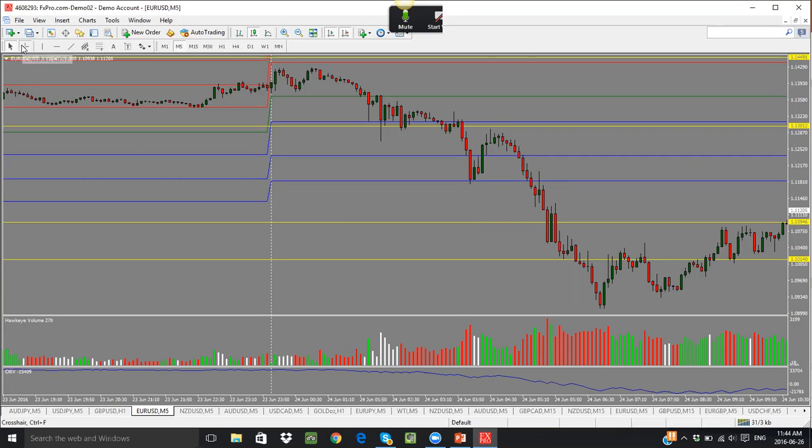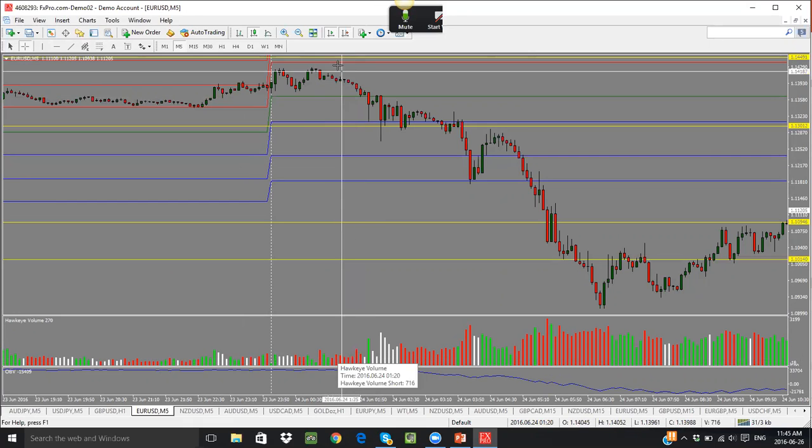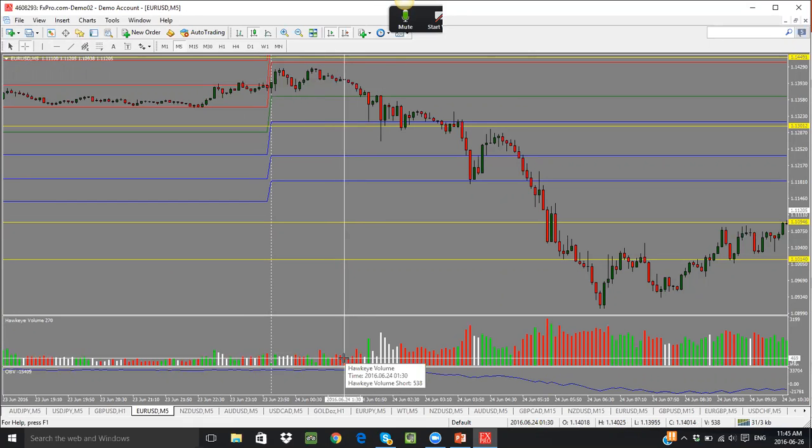So let's take a look at the corresponding volume. As the trend first starts and the price starts to go downwards here, look at the volume. You see the volume is increasing here. There's a slight increase in volume, although some of these candles don't have a lot of volume.